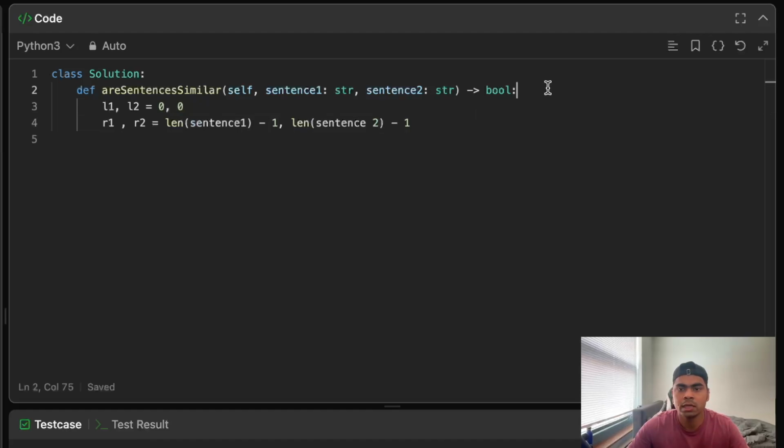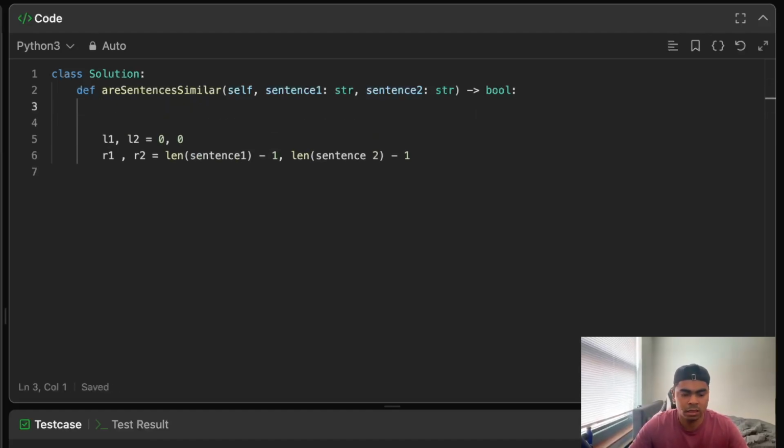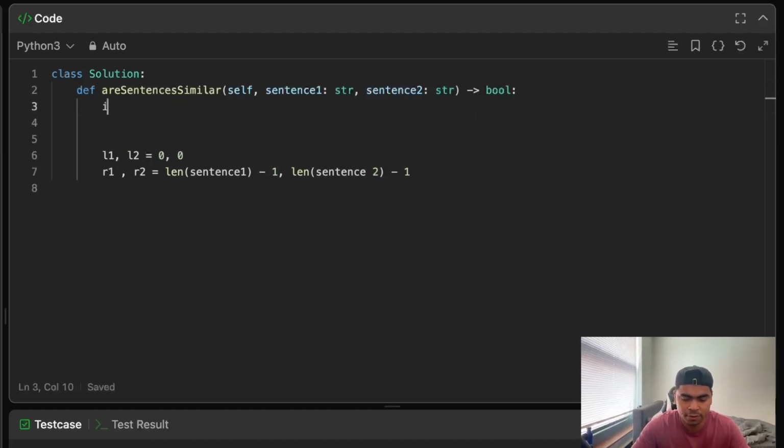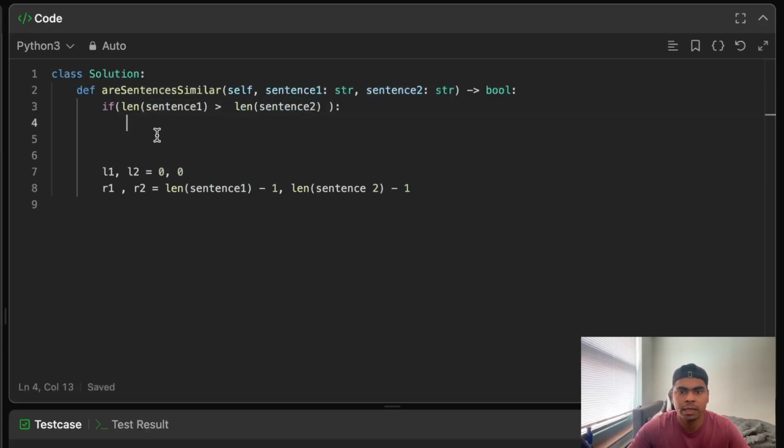One thing we have decided is that I want to keep length 1 as the smaller. So if the length of sentence 1 is greater than the length of sentence 2, then I'll switch them.